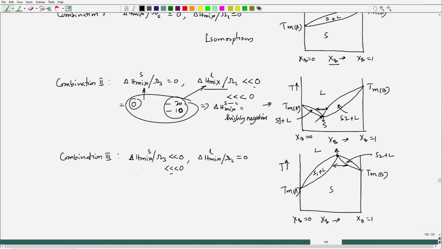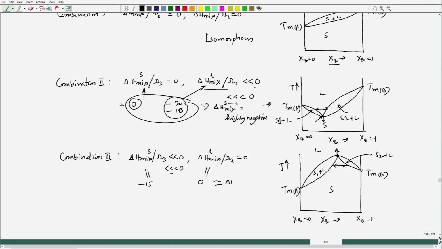Now, here also, we can take this value to be minus 15, and this one to be 0. So, this one is 0 and this one is minus 15.